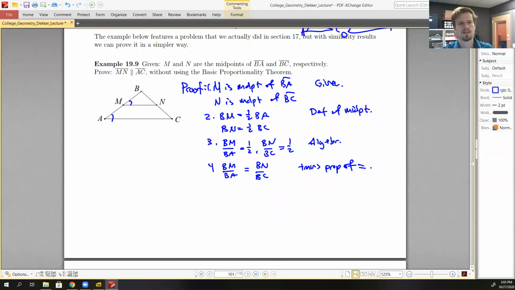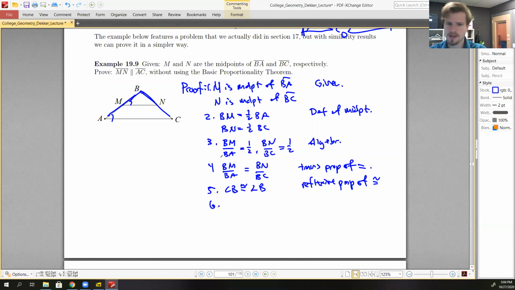Excellent. That gives us side lengths and side lengths, but of course, the measure of angle B is congruent to itself. So since angle B is congruent to itself by the reflexive property of congruence, then we can say that we have similar triangles because we're satisfying side, angle, side.